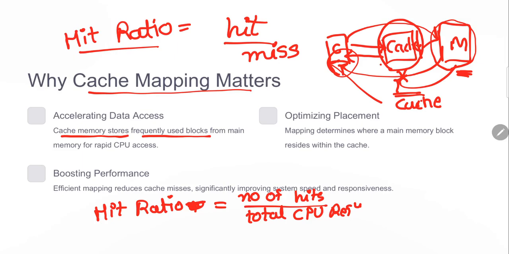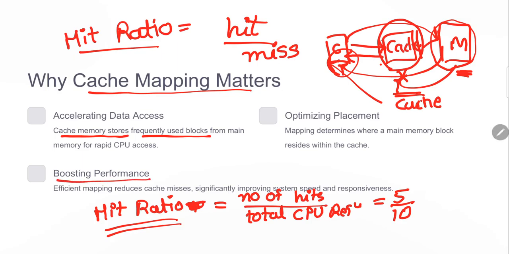Suppose the CPU made 10 references, and out of that 5 are hits. So your hit ratio is 5 divided by 10. Based on that, the performance of the cache is examined.